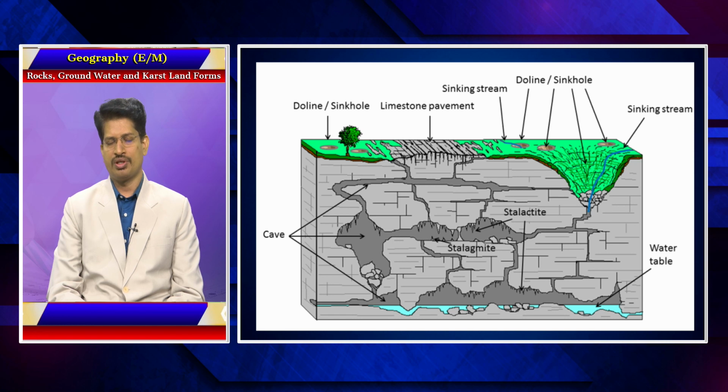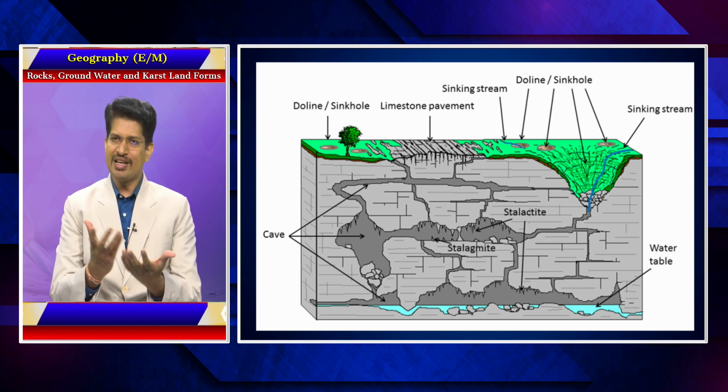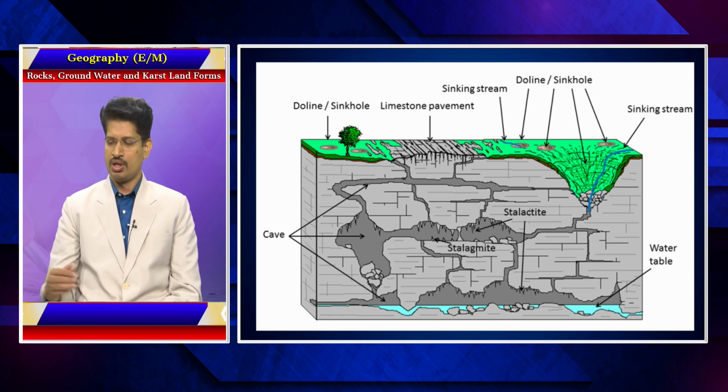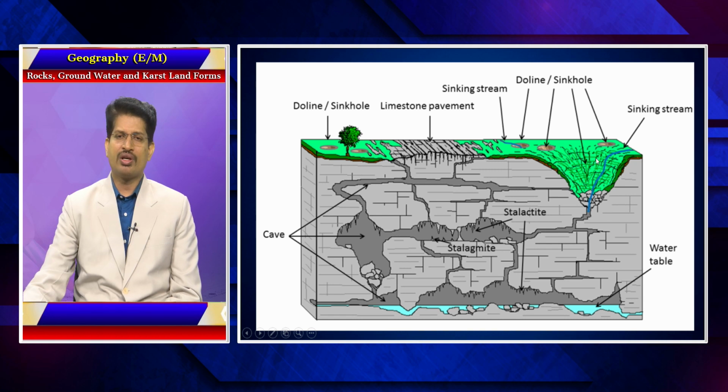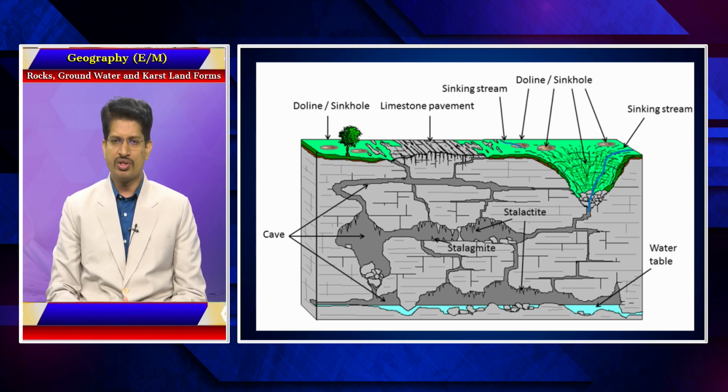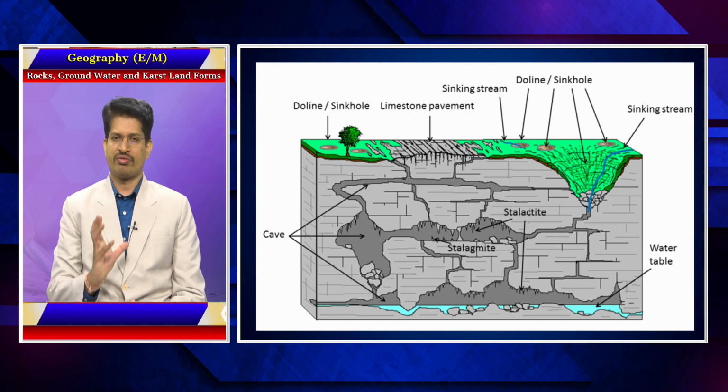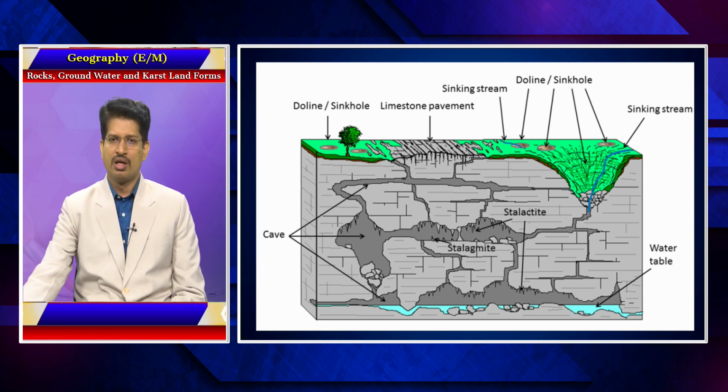A sinkhole is a funnel shaped depression formed because of solutional activity, because limestone or dolomite dissolves in precipitated water, leading to the formation of a funnel shaped depression, which is described as a sinkhole. This sinkhole extends into a swallow hole.